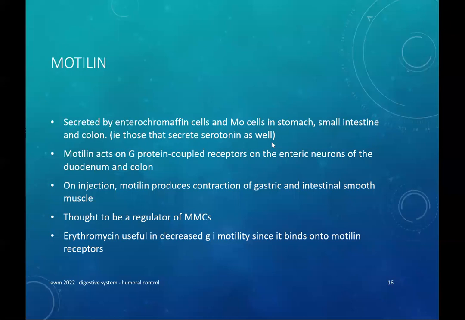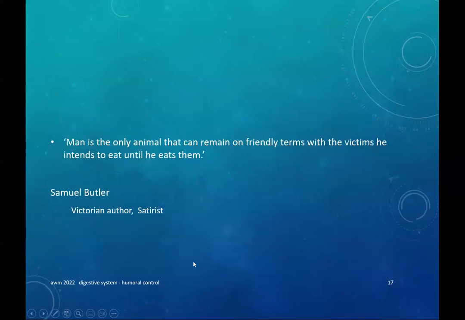So if you have people who have decreased gastrointestinal motility, if you give them erythromycin, it will bind onto those motilin receptors, stimulate the release of motilin, and as a result, increase motility along the gut. Or else we can say that one of the side effects of taking erythromycin is an increase in gastric motility. And you can see why. It's because it is able to bind onto the motilin receptors.